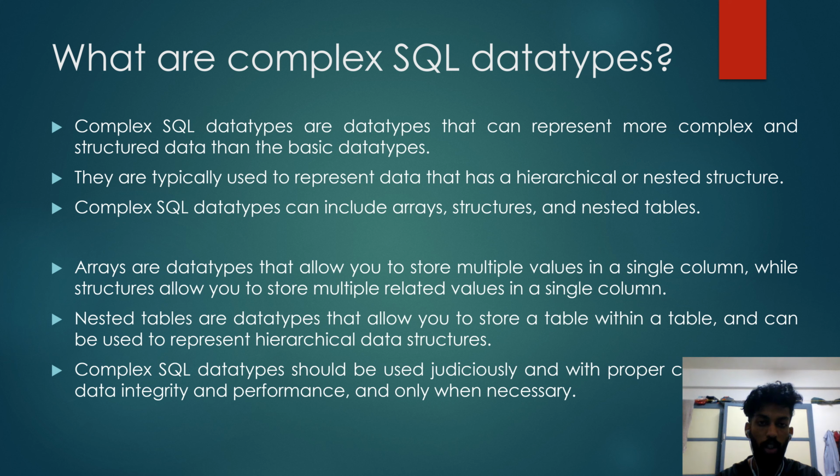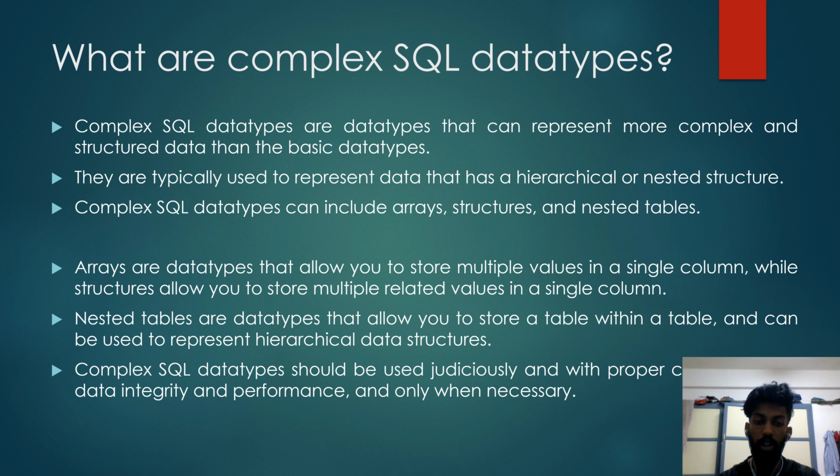Let us talk about what complex SQL data types are. Complex SQL data types are data types that can represent more complex and structured data than the basic data types. They are typically used to represent data that has a hierarchical or nested structure. Complex SQL data types can include arrays, structures, and nested tables.